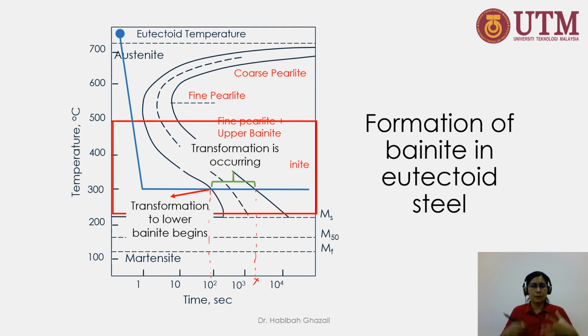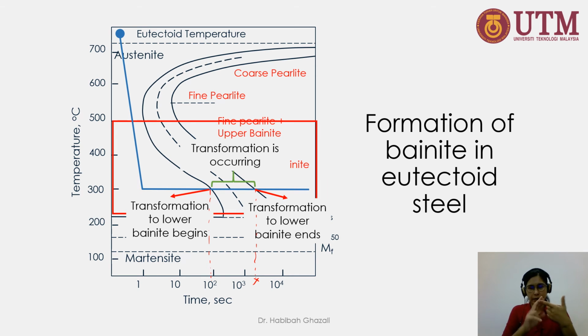So it will end after that time. So using the TTT diagram, you can set the time for the transformations to happen, and you can also predict what's the final microstructure of your steel, and in the end you can predict what the mechanical properties of your eutectoid steel are.